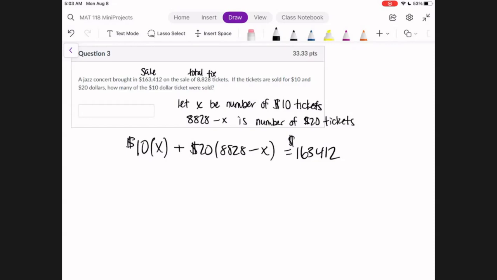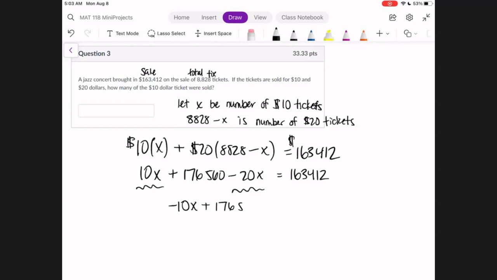So I'm going to distribute my 20 here. So 10 times x is 10x. This would be 176,560 minus 20x. So I'm going to combine the x terms here, and I get minus 10x plus 176,560 equals 163,412.